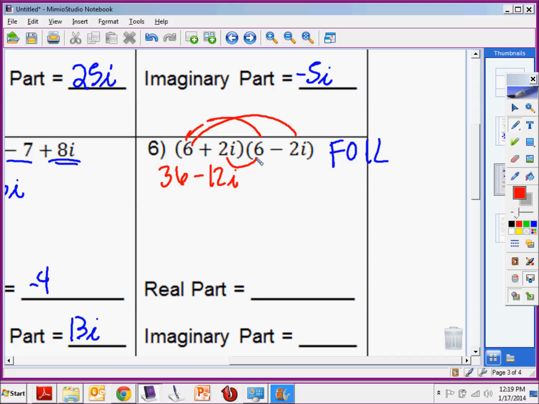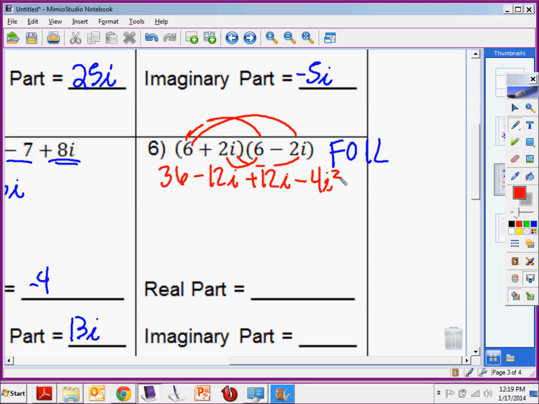Positive 2i times 6 is plus 12i. Now 2i times negative 2i is minus 4i squared.